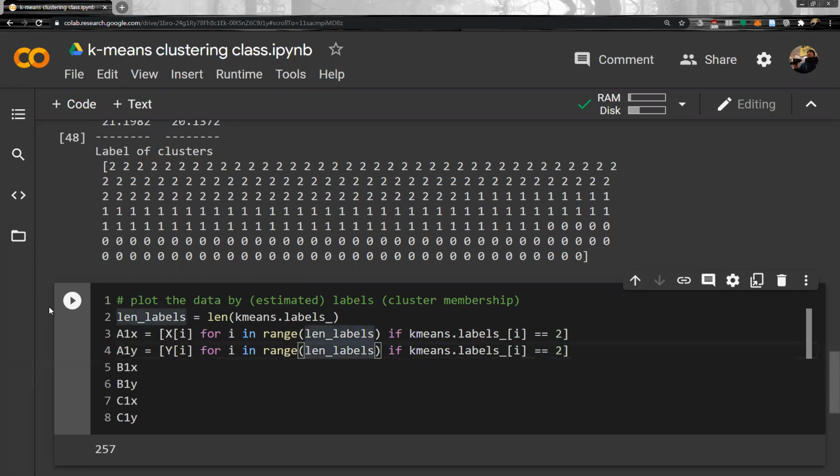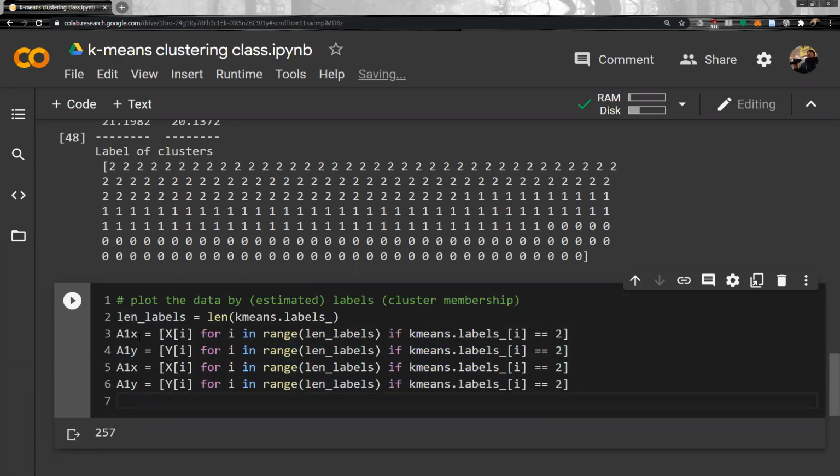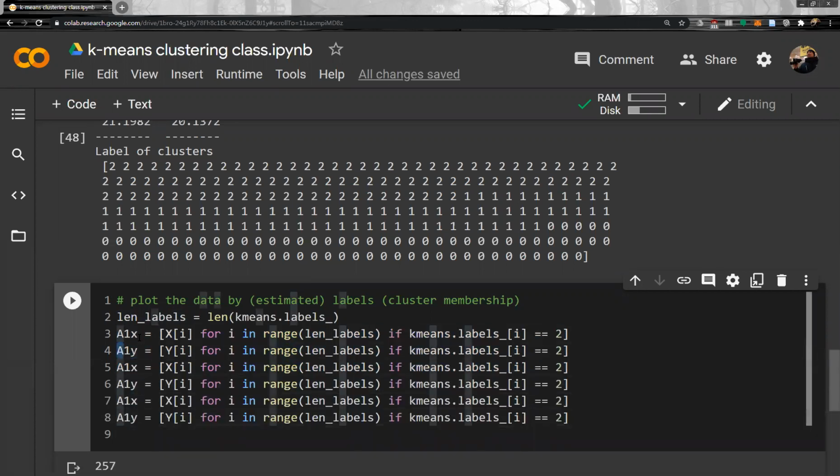For the estimated membership for B, I think the better strategy is to delete this one, and change it to B and C. Now it belongs to C1 and it belongs to 0. So we have the estimated membership.